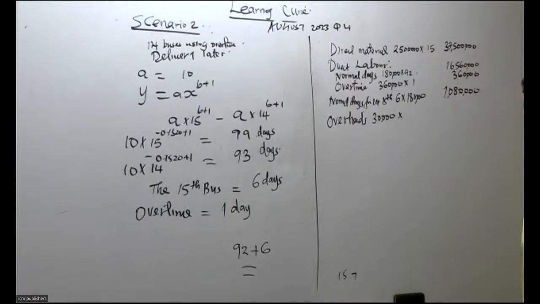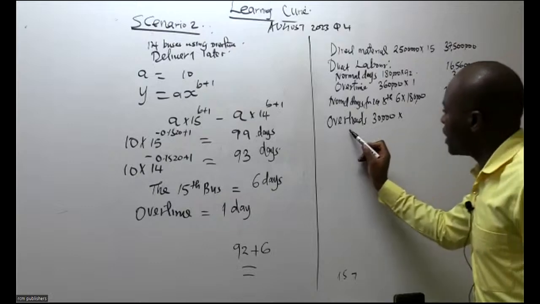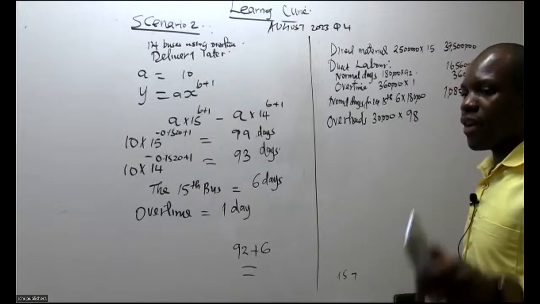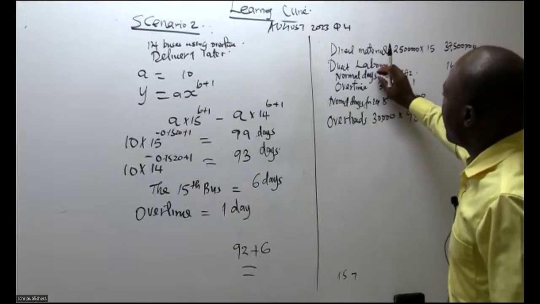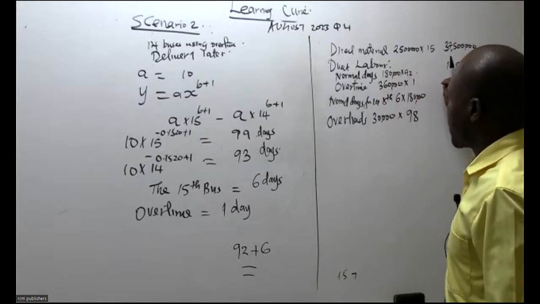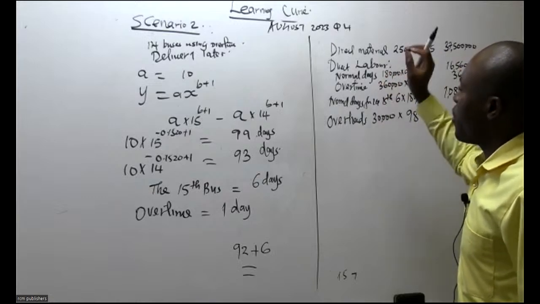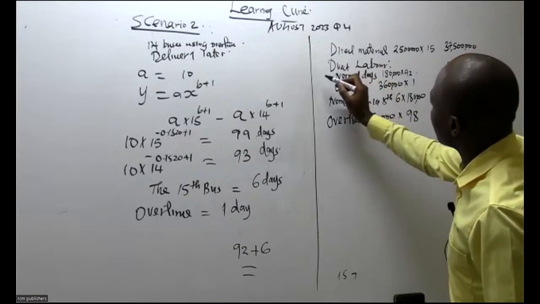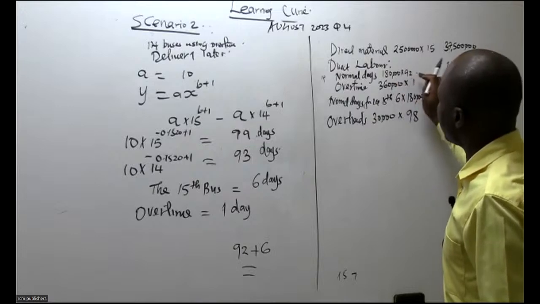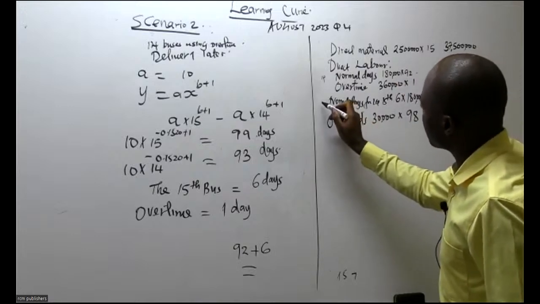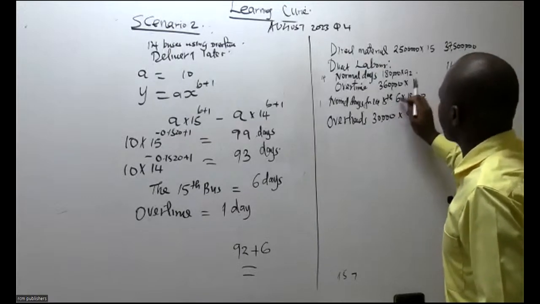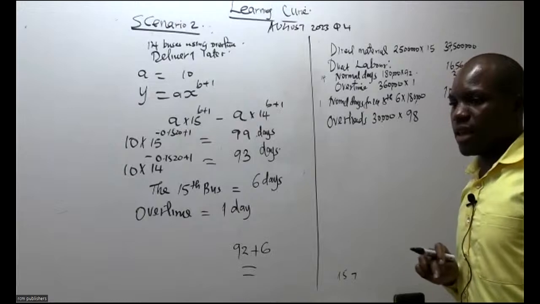So the overtimes will be allocated to 98 days. Another way to identify that, look at your labor cost. How many days did you use the 180 rate for? The first one is the normal days for the 14, I used 180. The second one is this one bus, which I used 180. So add 6 plus 92. Is it not giving us 98?